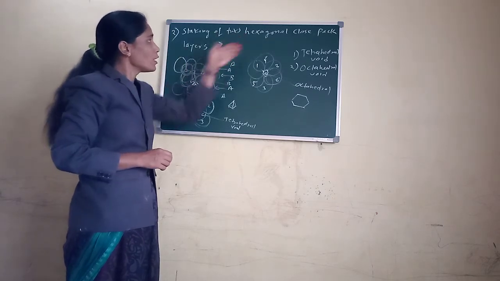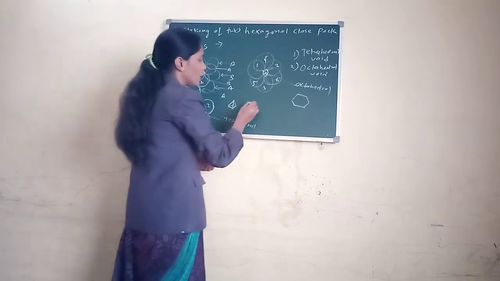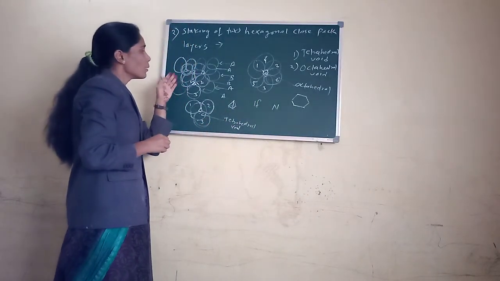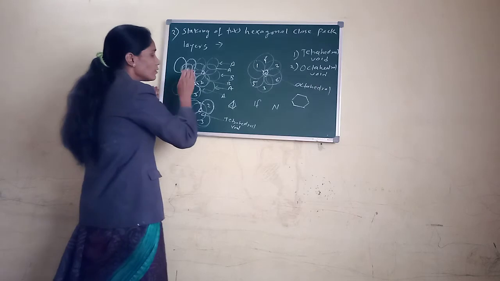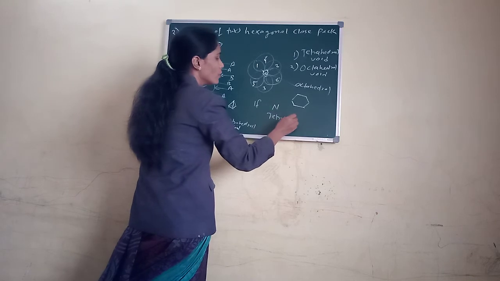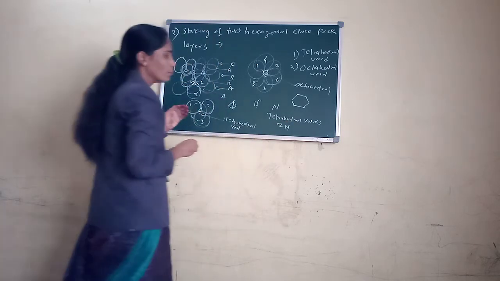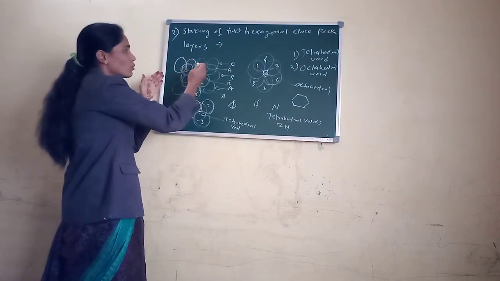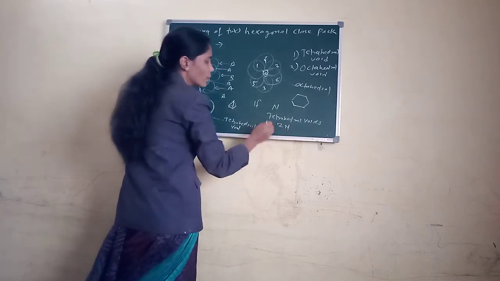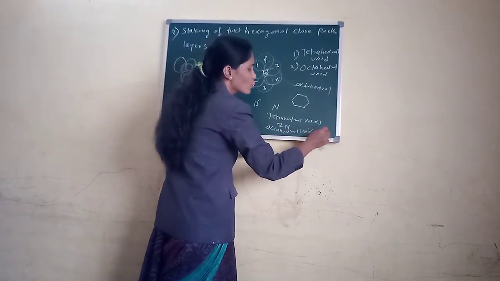Now, the number of tetrahedral voids and octahedral voids in this HCP close packing three-dimensional structure: if the number of spheres is n, then tetrahedral voids are twice n and octahedral voids are also n.